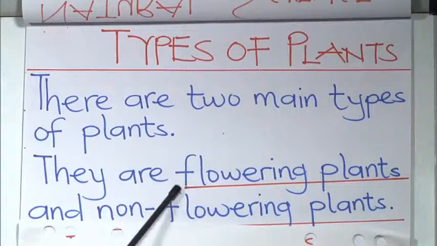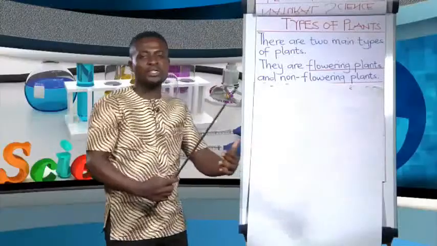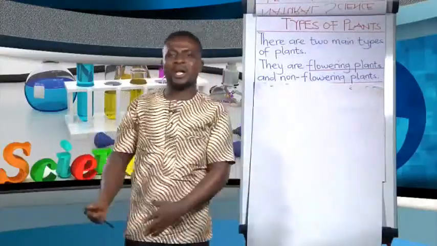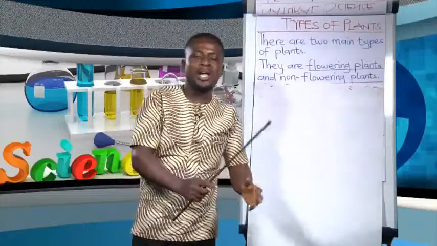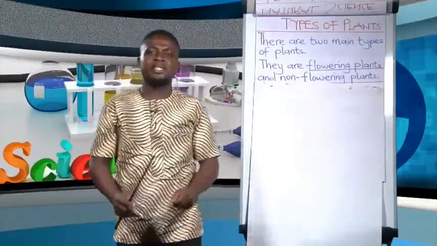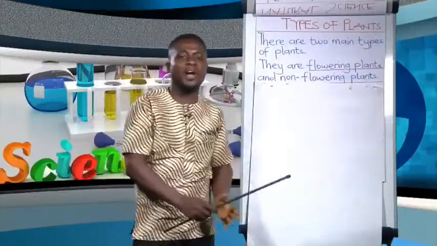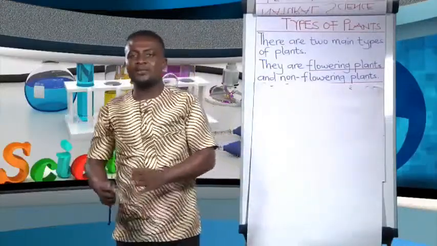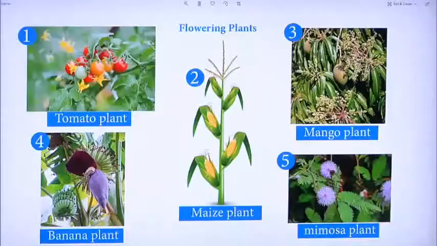They are flowering plants and non-flowering plants. Previously, we looked at groups of plants and they were erect plants, climbing plants, and creeping plants. Today, we are only looking at flowering and non-flowering plants. Let us take a look at this picture of plants.